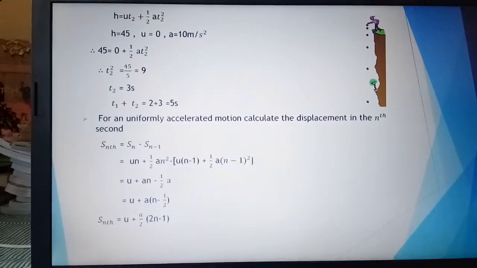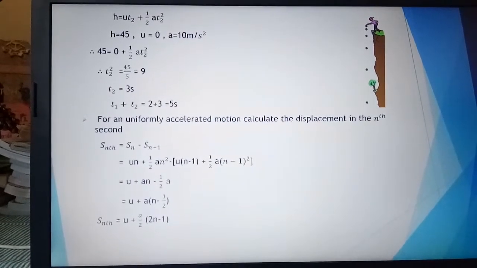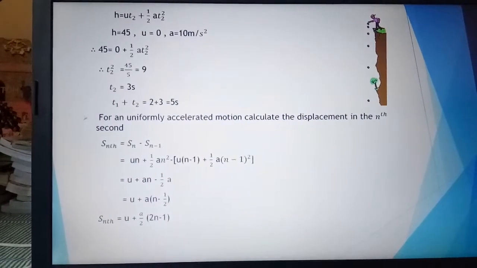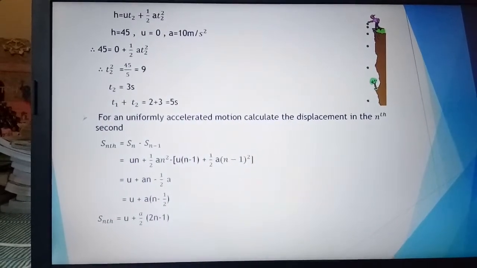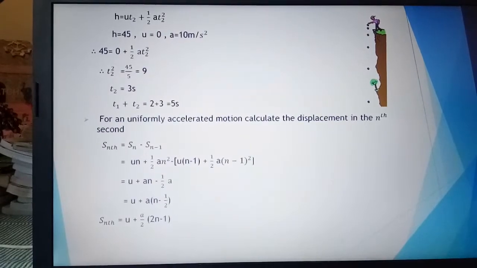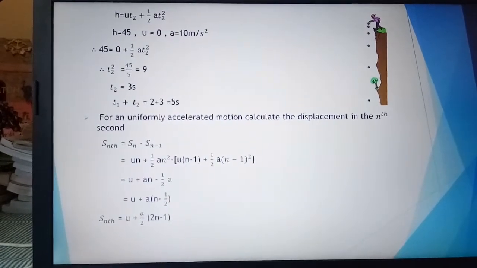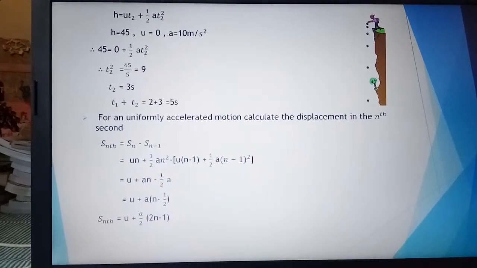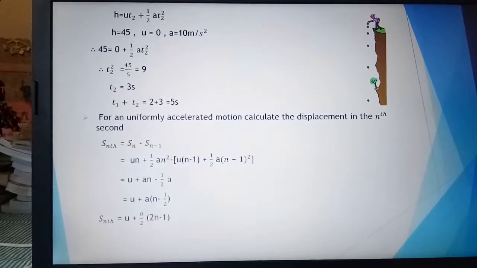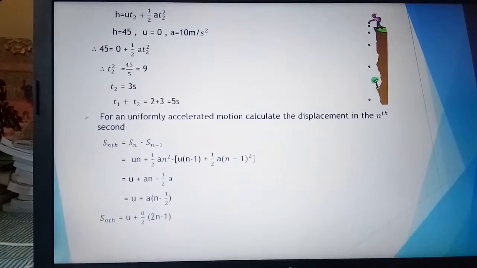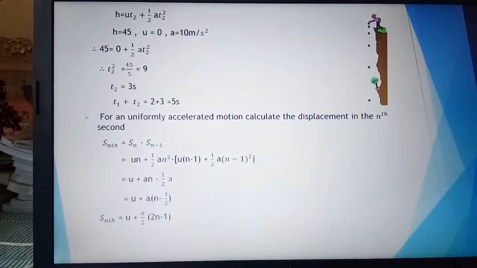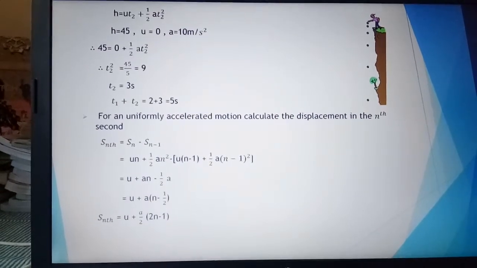Now there is one more very important derivation which we are going to calculate, the displacement in the nth second. Displacement in the nth second means, for an object already in uniform acceleration, for every second its velocity is increasing.